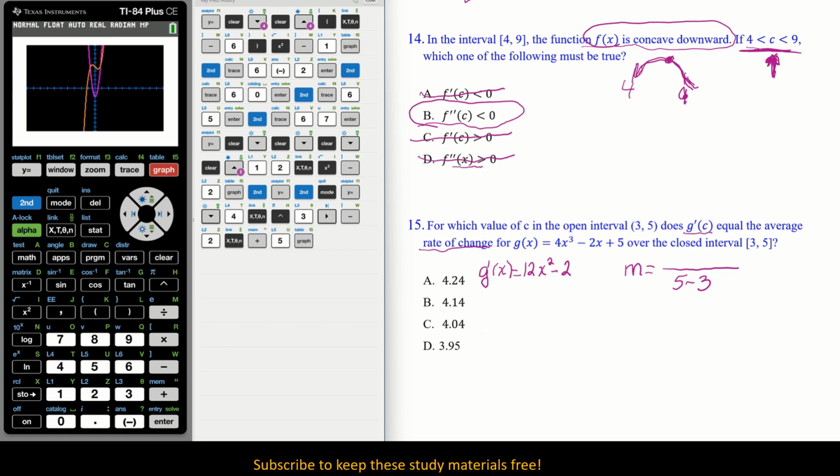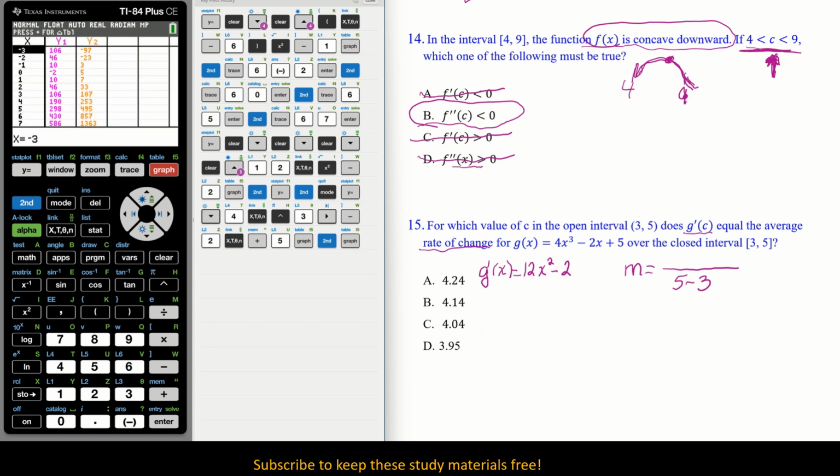Now we need the table. The graph is great, it looks good, however the table's where the values are. So second graph, that's where we get our table from. Now we need our interval values, the 3 and the 5. Let's look at the 5 first.